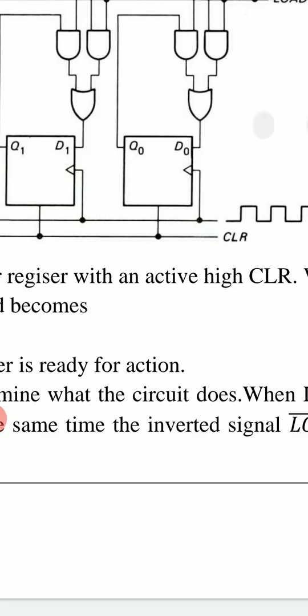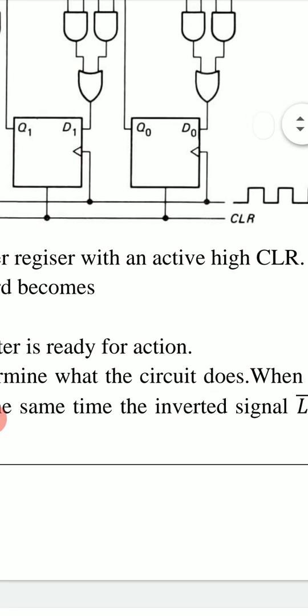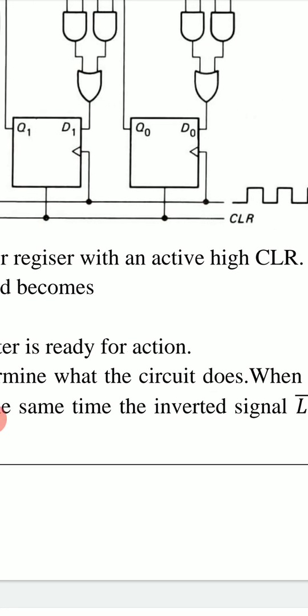This additional CLR signal also goes to all these 4 D flip-flops. CLR is for clear. The work of this CLR signal is to clear the word. Clear means we have the word 0, 0, 0, 0.